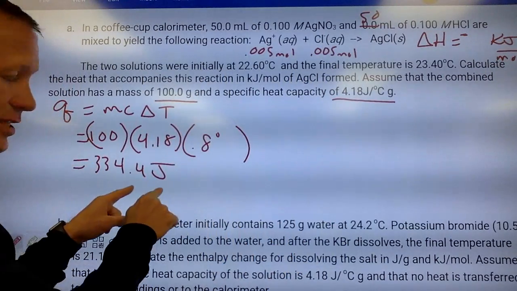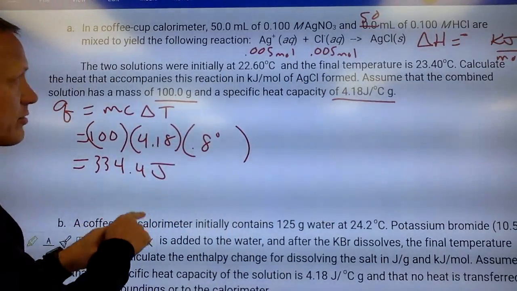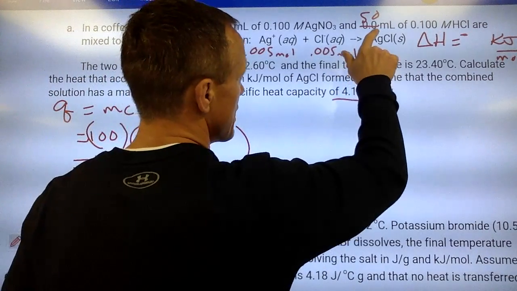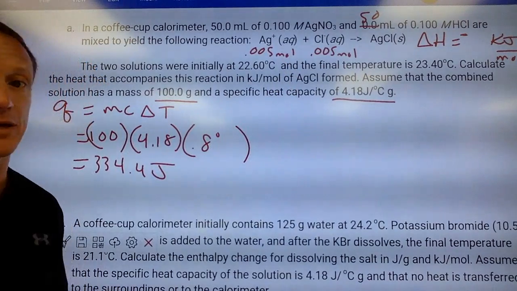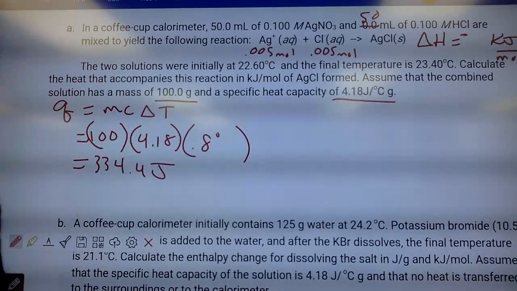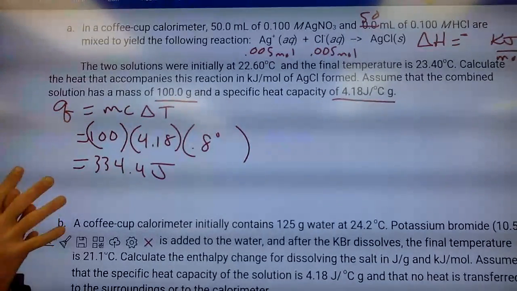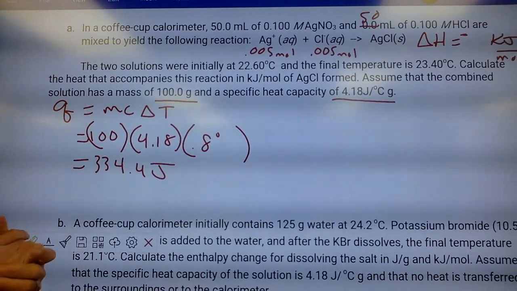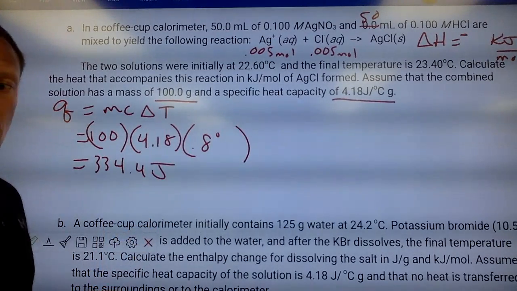This is the heat gained by the solution. So this many joules of heat were gained by the solution. That means that this many joules of heat were given off as this reaction happened, because the solution is getting warmer. That is positive for the solution. It'd be negative for the reaction itself. We want to know kilojoules per mole.